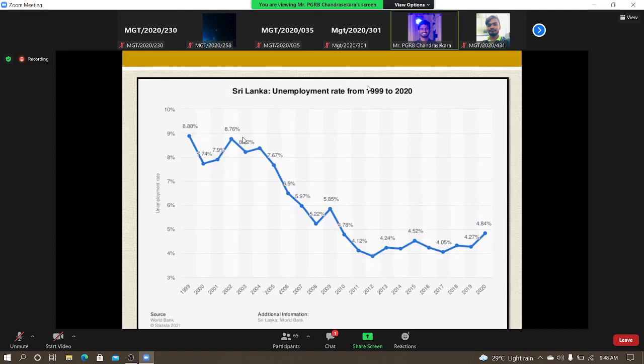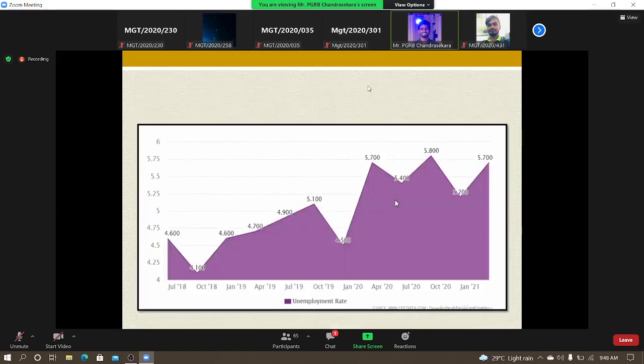Most importantly, you need to identify the way it fluctuated, and the current figures. In the first quarter, January, February, March, it is 5.7. As I mentioned, in December it was 5.2.